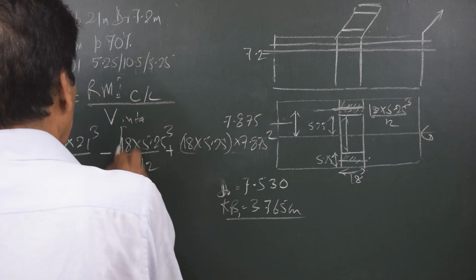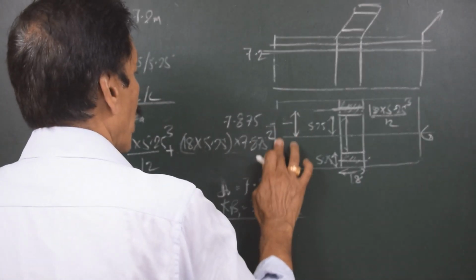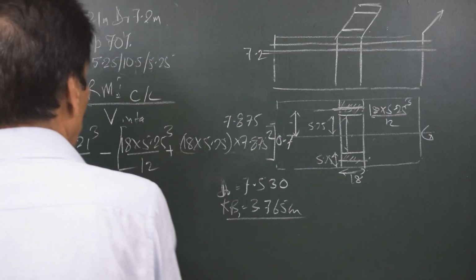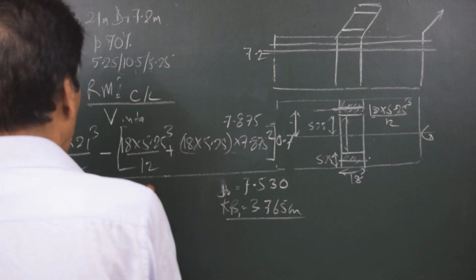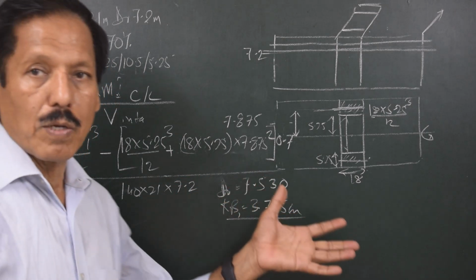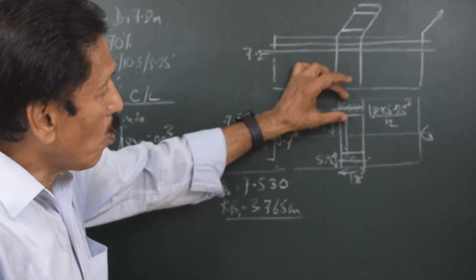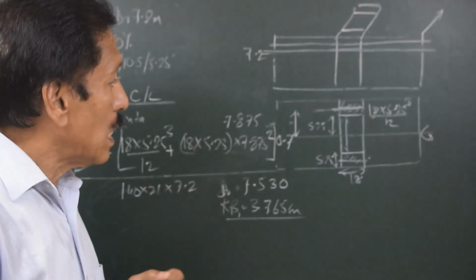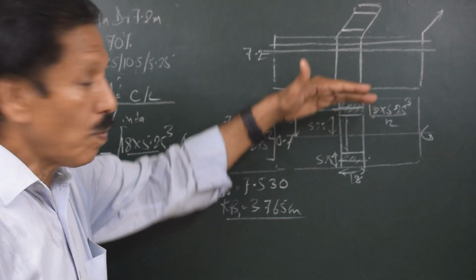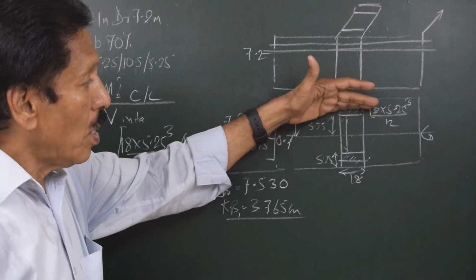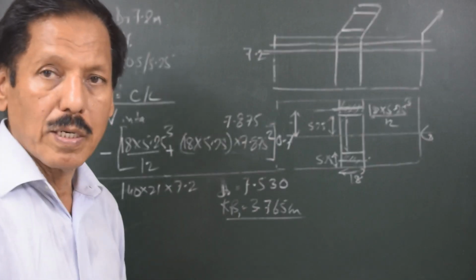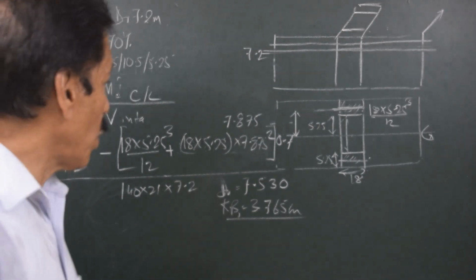But we have not lost everything. The loss will have to be multiplied with permeability. Wherever we talk about loss, we also multiply by permeability. Divide by 140 into 21 into 7.2. What we have done is found the loss about the own fore and aft axis, but we don't want the loss about the own axis. We want the loss about the common axis. So we'll have to transfer the loss from here to here. The distance to travel is 7.875 meters, and we will use the theorem of parallel axis.